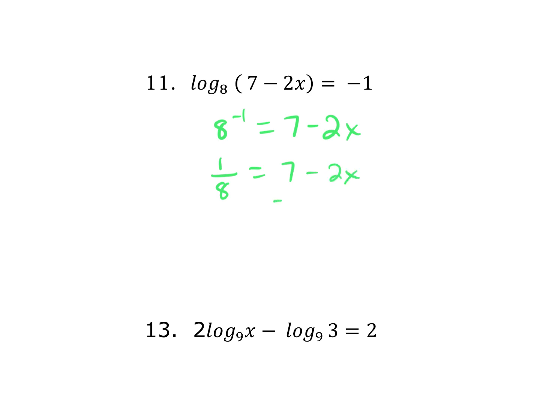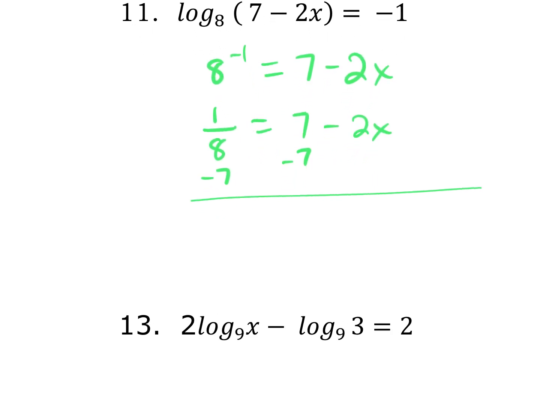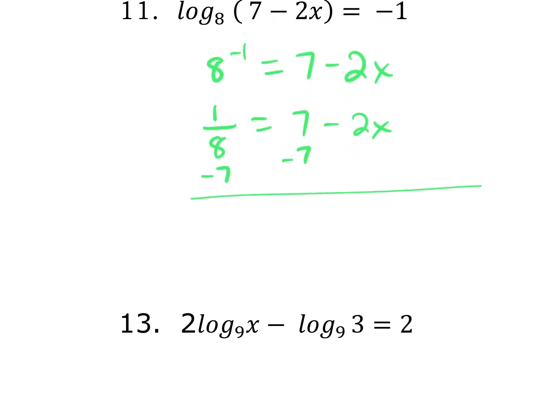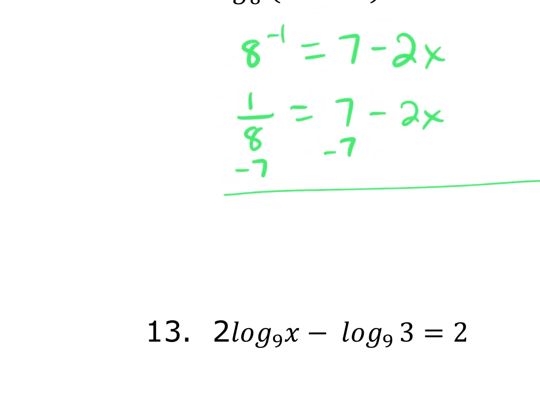Okay, so we need to subtract this 7. So that gives us, I want to rewrite that 7 with a common denominator of something over 8, right? 8 times 7 is 56, so this is really a minus 56 over 8. So if we do 1 over 8 minus 56 over 8, we get negative 55 over 8 equals negative 2x.